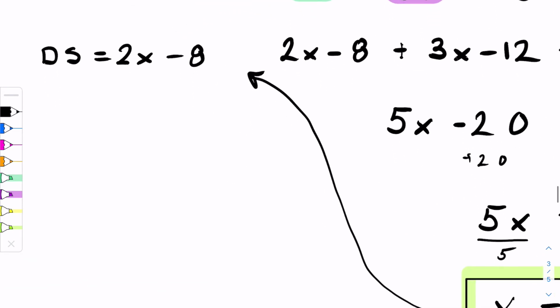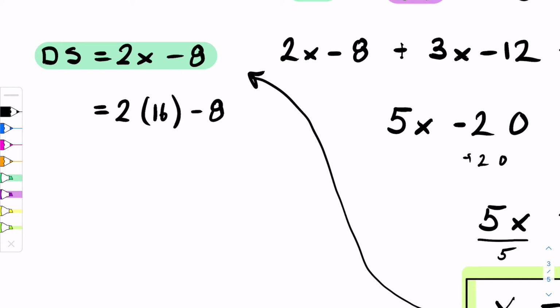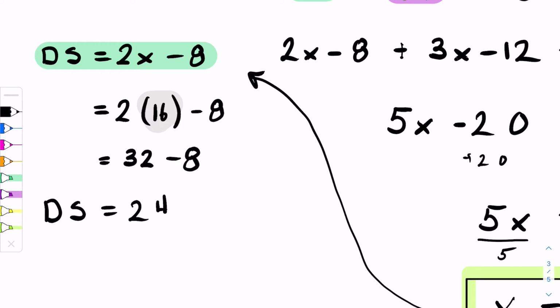We're substituting the value of x, which is 16, back into this expression. So we end up with 2 times 16 minus 8. That would be 32 minus 8, telling us that segment DS is equal to 24.